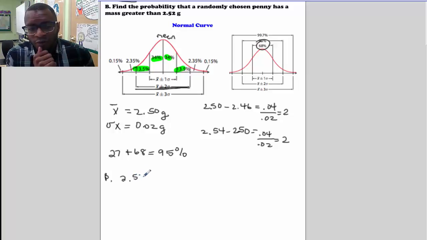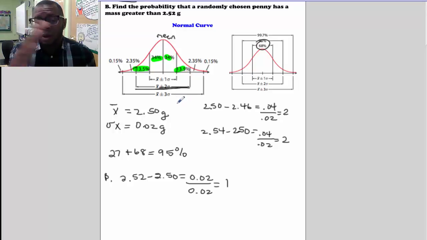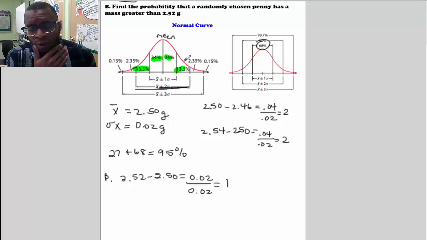So we want to do 2.52 minus 2.5, which gives us 0.02, and divide by our standard deviation. That gives us 1. So we know that this mass of 2.52 grams is 1 standard deviation above the mean of 2.50. So if we want the probability that a chosen penny has a mass greater than 2.52 grams, then we want all the values that are above.